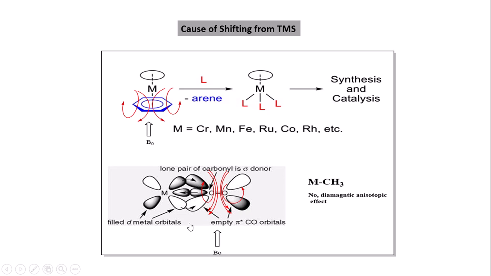And if we see the carbonyl groups, there is also a diamagnetic anisotropic effect between the carbon and the oxygen atoms, and the nucleus falls in the paramagnetic zone, and we get a chemical shift at a higher value. And this problem is giving different types of complexes of metals with arenes or metal carbonyls, and the shifting of the carbon atoms in 13C NMR is given here.